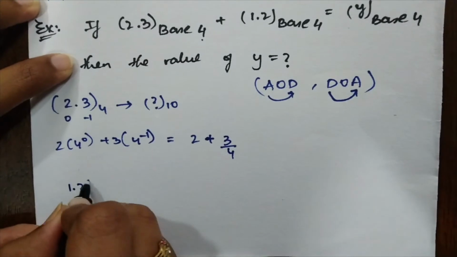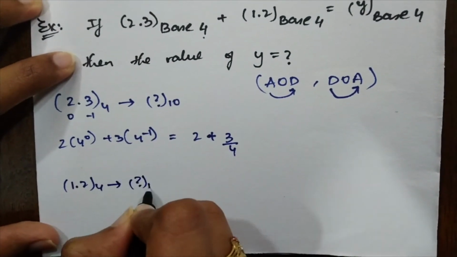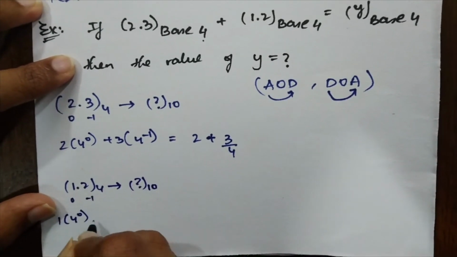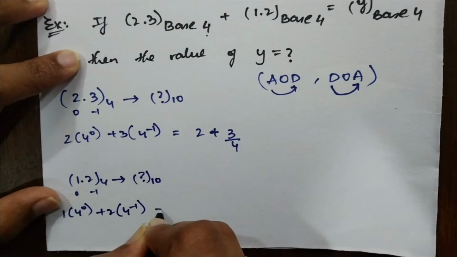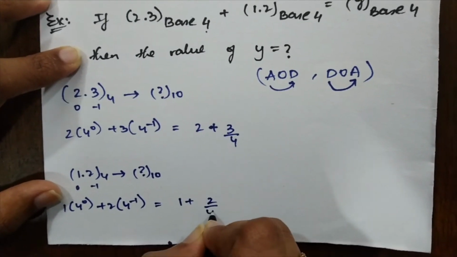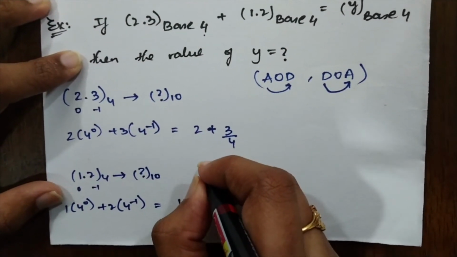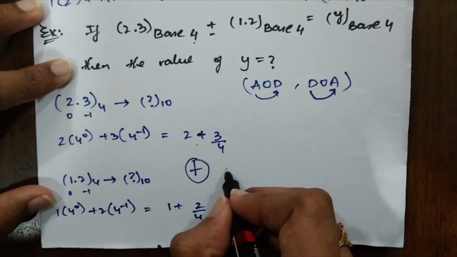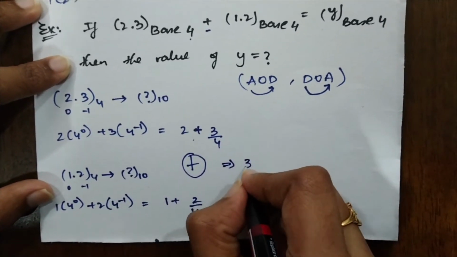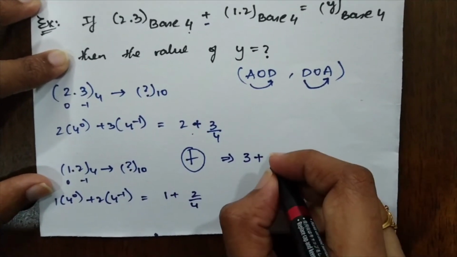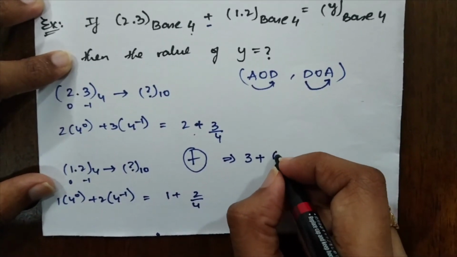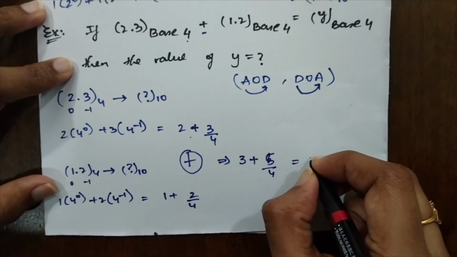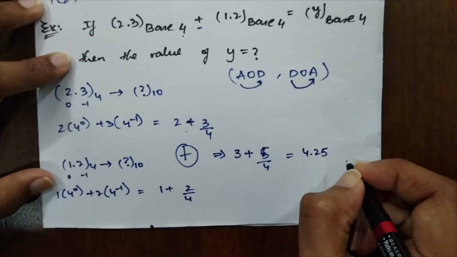So again, now 1.2 must be converted into its decimal, which is equal to 0 and minus 1. So 1 into 4 power 0 plus 2 into 4 power minus 1, which is equal to 1 plus 2 by 4. Now adding these two terms, because there's an addition here, 2 plus 1 equals 3, plus 3 by 4 plus 2 by 4 equals 5 by 4, which is equivalent to 4.25.